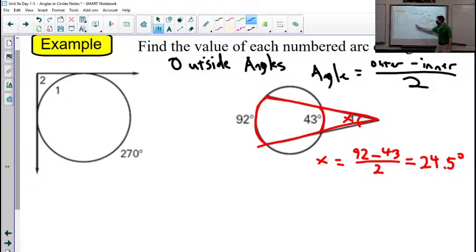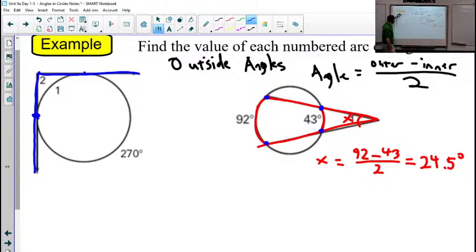All right, now let's go back to this one. And we actually did an example like this one already when we first wrote down the outside angles. Here's the angle getting traced out. So over here, my start and end points were here to here. And then for my outer arc, my start and end points were here to here.